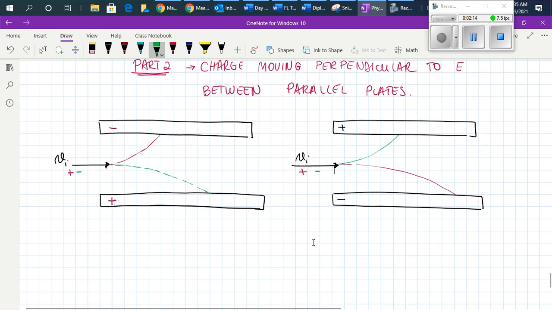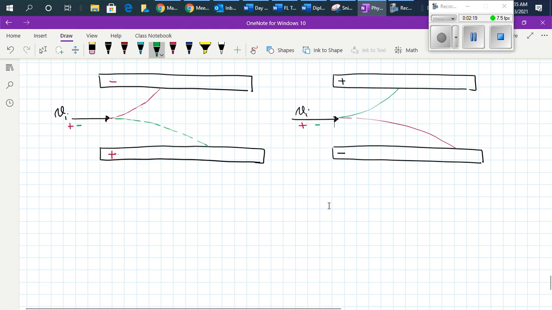So the path that the particle is obtaining here is nothing but projectile motion.